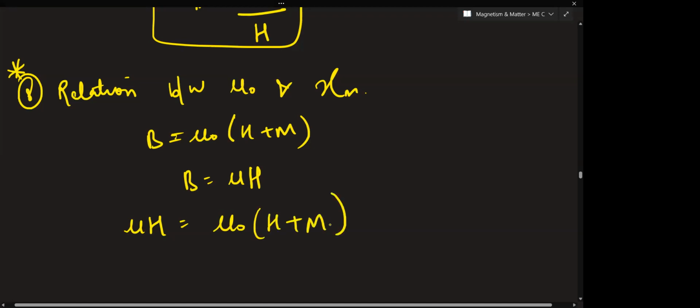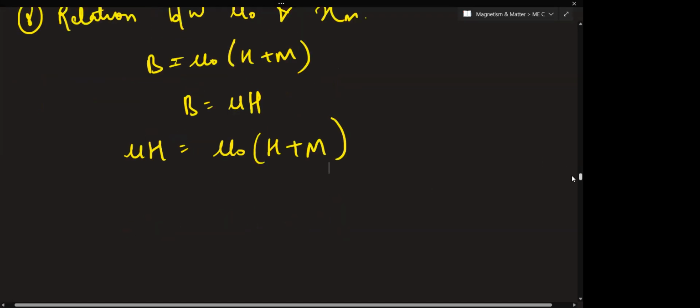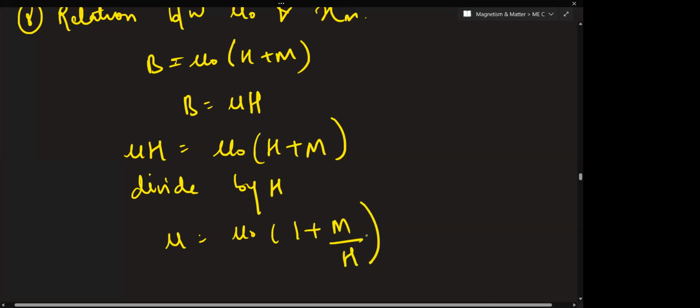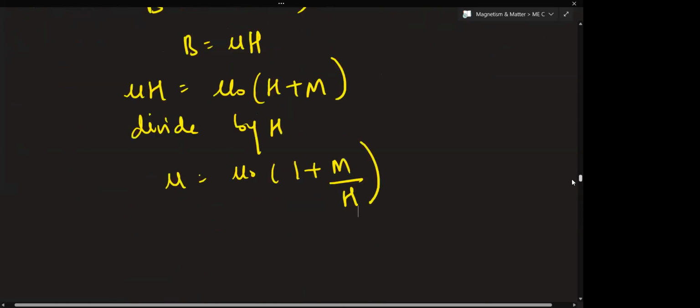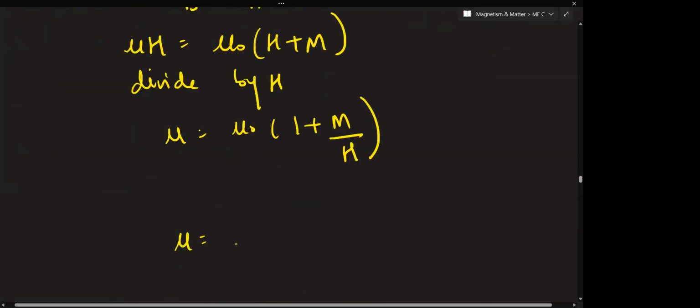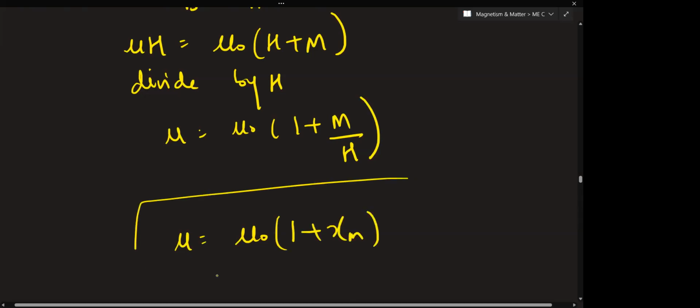Now, if I divide the whole equation by H, from here H gets eliminated, this H by H becomes 1 and this becomes M divided by H. Just now we have done M divided by H is chi, that is magnetic susceptibility. So this is a very small derivation that comes in exam. Because it is short, it comes in your 2 mark questions. Fine, so just note this down.